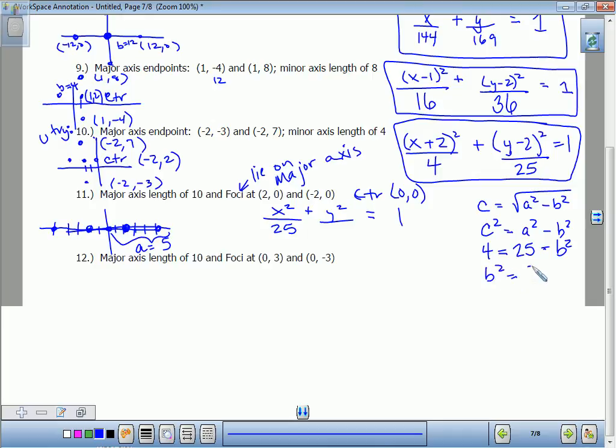So b squared is 21, because 25 minus 21 is 4. So under the y is where the 21 goes, because this is always b squared. I'm done with this.